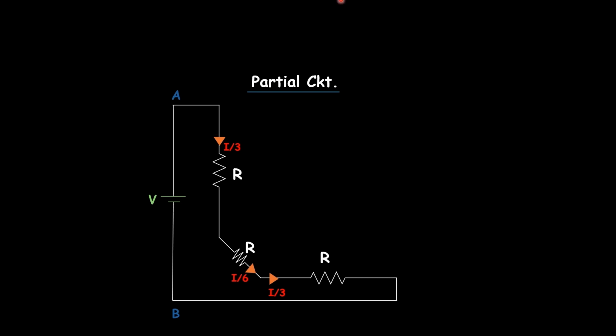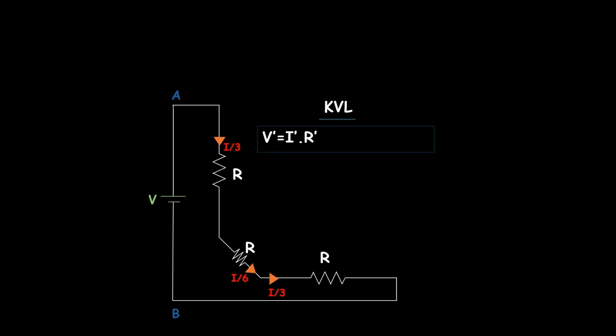We need to write the KVL equation of this loop so that we can get the equivalent resistance along AB. As we know, Kirchhoff voltage law defines that the algebraic sum of all the voltages inside a loop is 0.